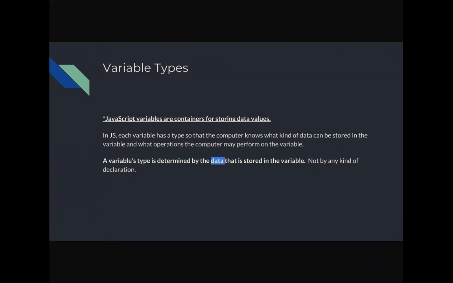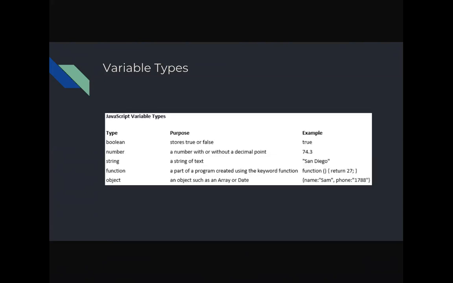JavaScript interprets the type from the data stored in the variable, not from any type declaration. You have these variable types that you don't declare, but the browser and the language interpret because of the data inside the variable. I suppose you are very familiar with this.